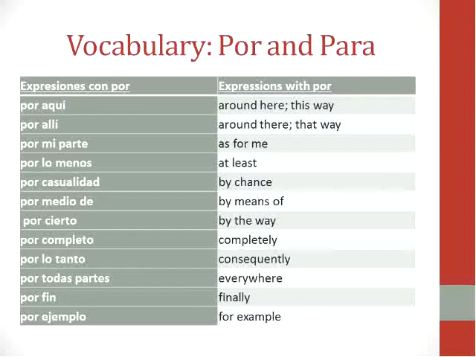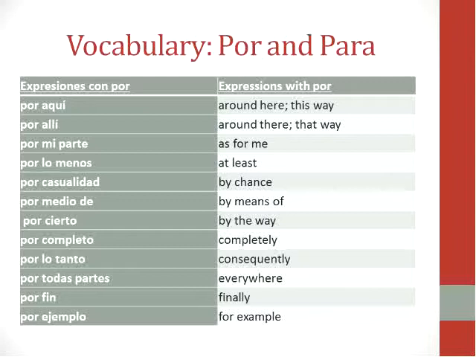So we'll repeat. Por aquí, around here. Por allí, around there. Por mi parte. Sometimes you would emphasize the me because you're saying my. As for me. Por lo menos, that means at least.